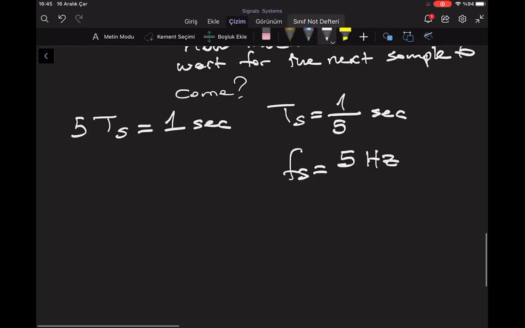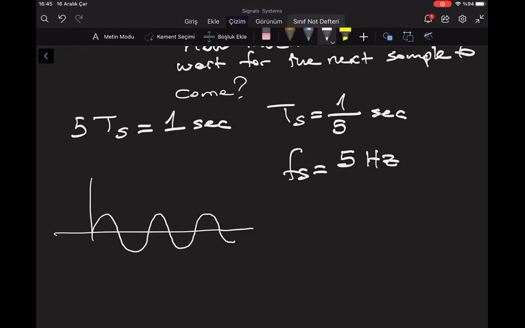For example, if I give you, now I want you to do it on a piece of paper on your desk. Okay, this is my sine wave. Let's say this is 1 second, and this is 1 volt. This is minus 1 volt.